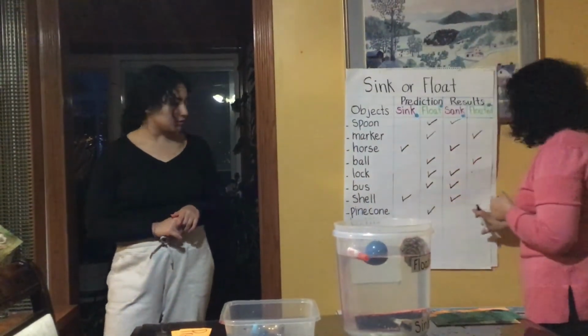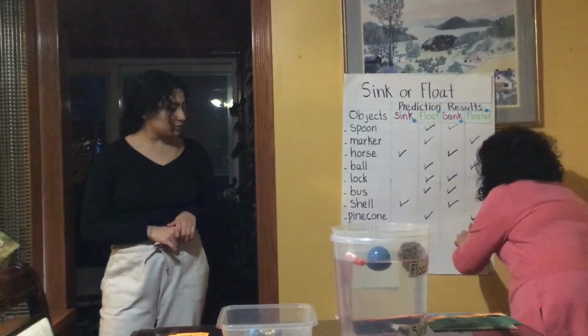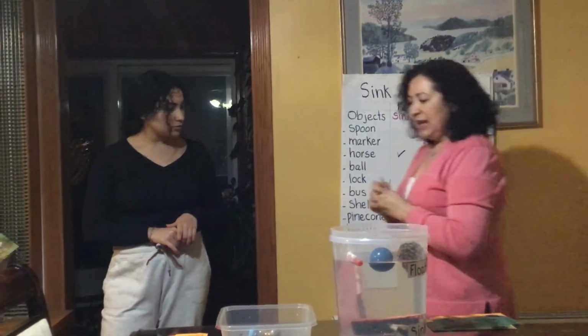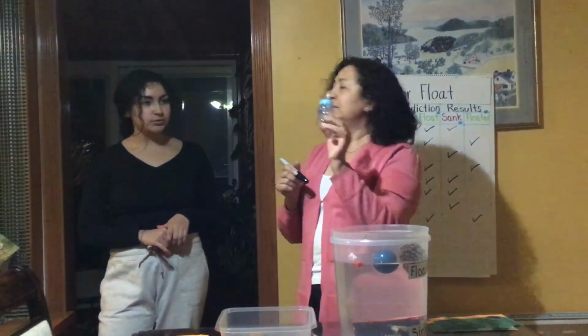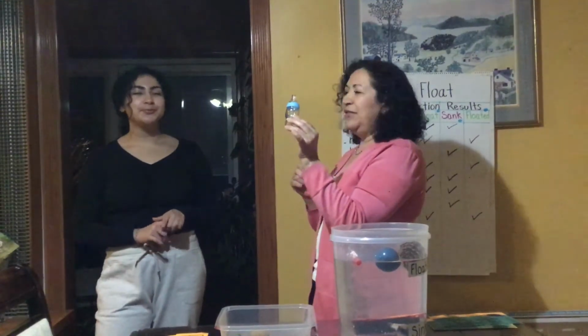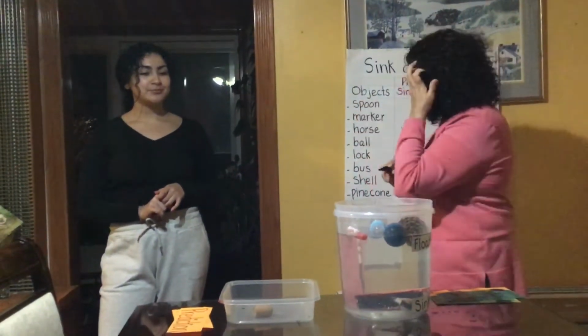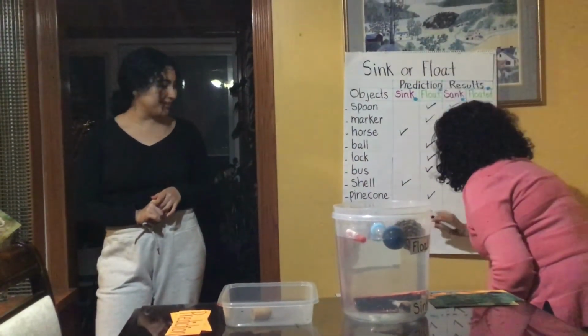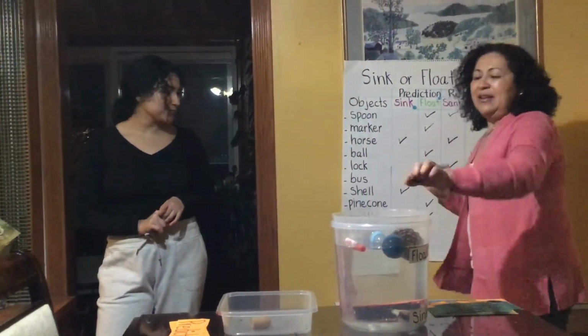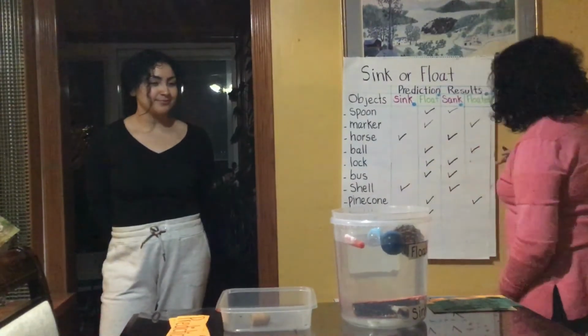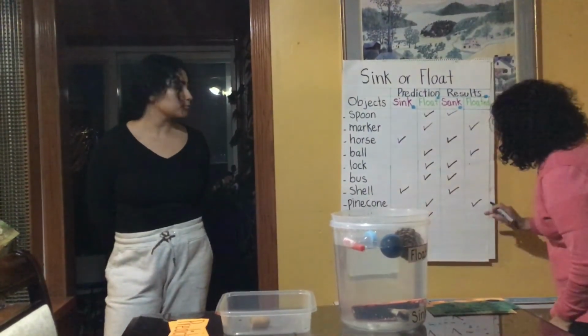So we're gonna write the result. That is float. The next one is the cute little bottle. Float, she says it's gonna float too. Sorry, I didn't write your prediction. And see, it's above the water, so it floats.